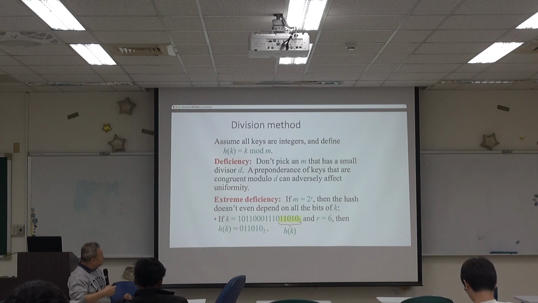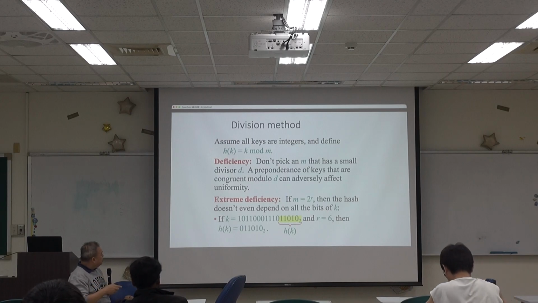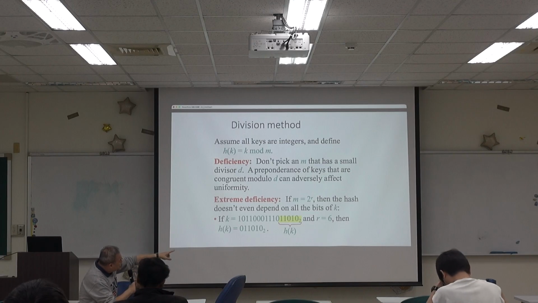Another thing you should avoid: if n is 2 to the power of r, that's a very, very bad situation. Why? Because the hash doesn't even depend on all the bits of k. For example, say that your keys look like that, and r is 6, so n is 2 to the power of 6.